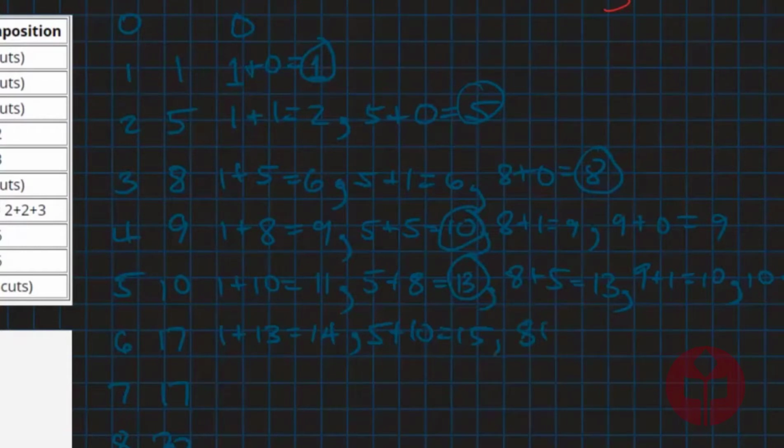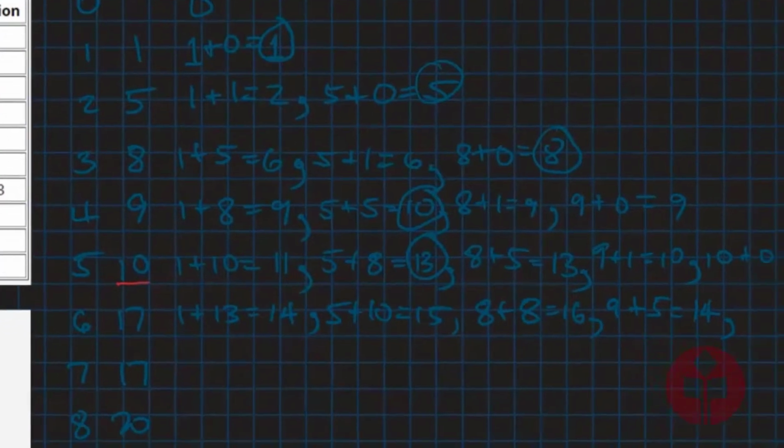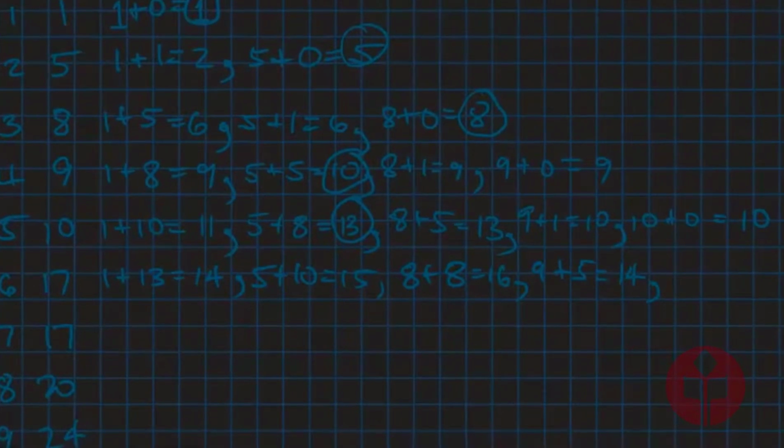So 8 plus 8 is 16. Fourth one, we do 9 and 5. That means 9 plus 5 is 14. Next, we do 10. So this is the fifth calculation. 10 and 1, right? 10 plus 1 is 11.